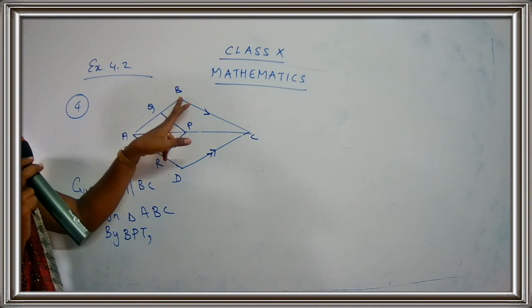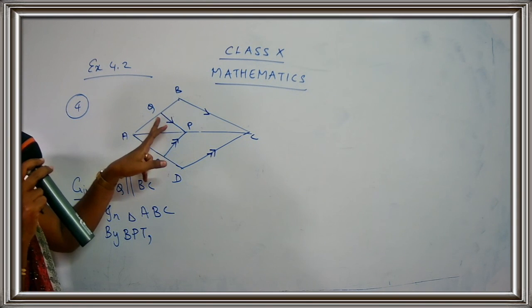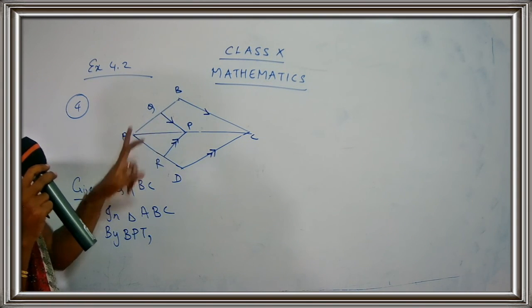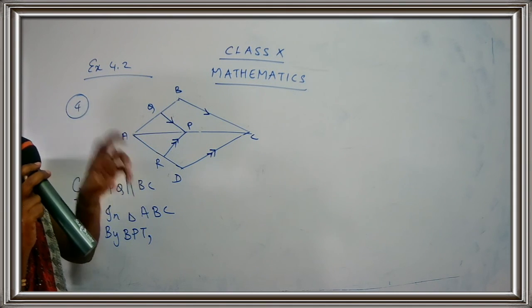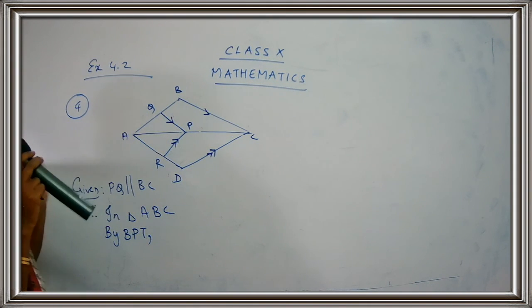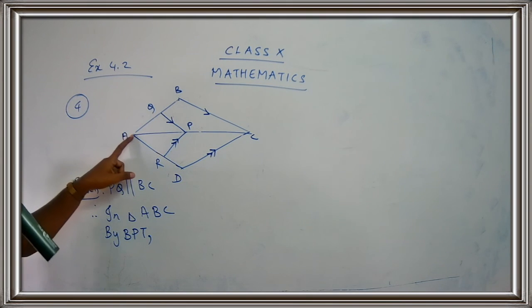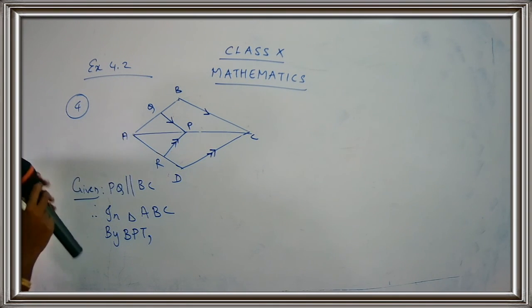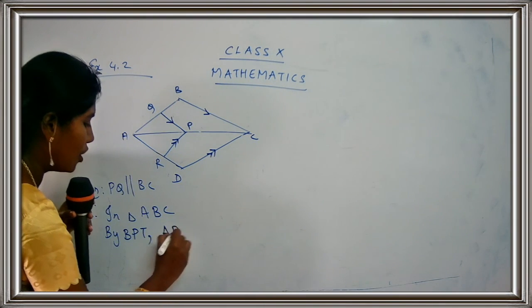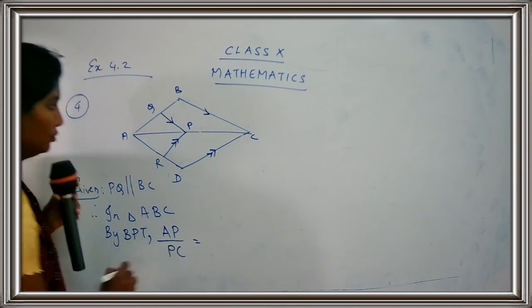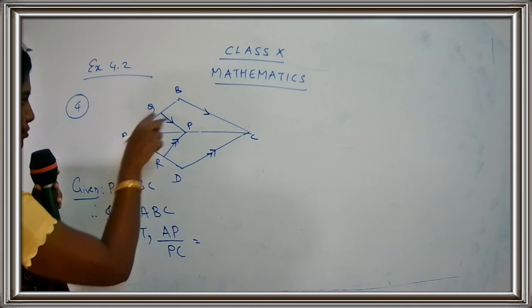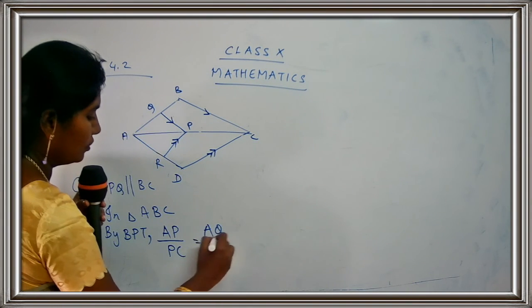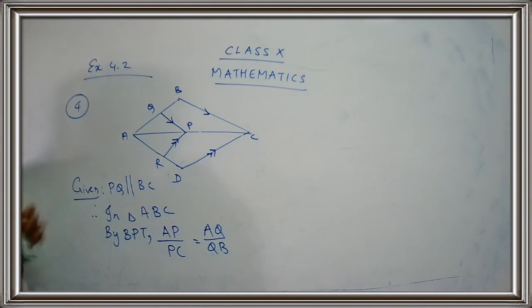Similarly, I cannot choose the vertex B because here I'll get a ratio like BQ upon QA, but for this side I'll not get the ratio form. So you have to choose a proper vertex. I'm going to choose the vertex A. So what I get here, AP upon PC is equal to AQ upon QB. Okay, this is what I get. So what do we get here?